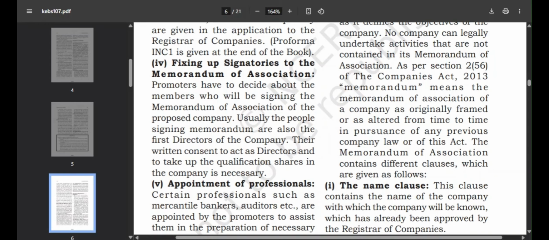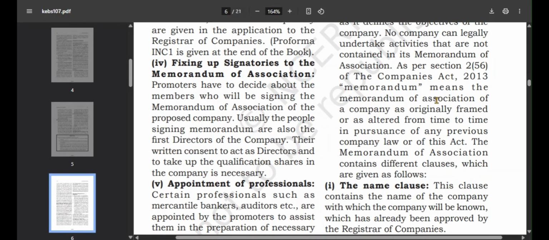So promoters have to decide about the members who will sign the MOA of the proposed company. Usually the people signing the memorandum are also the first directors of the company. Their written consent to act as directors and to take up shares in the company is necessary.